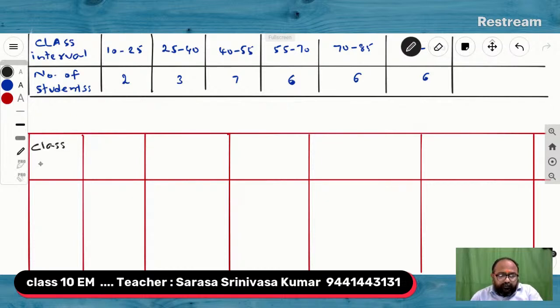Second column is number of students, and this is fi, number of students fi. Next, class marks, it is xi.